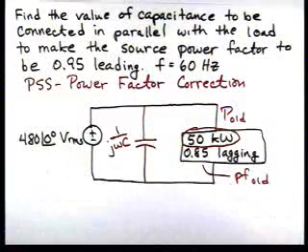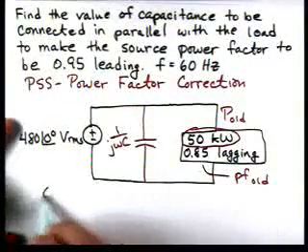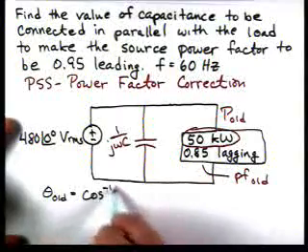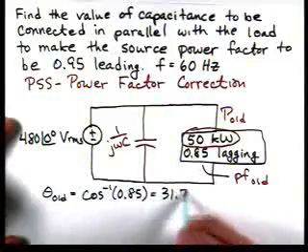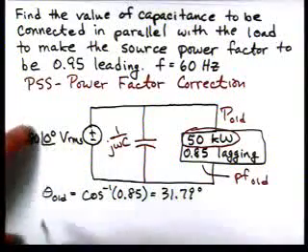Okay, now if we look at our problem solving strategy, it says find Q old. So if we start out, let's calculate theta old. Theta old is cosine inverse of 0.85, and it's 31.79, and it's positive because we got a lagging power factor. So step one of our strategy says find Q old.